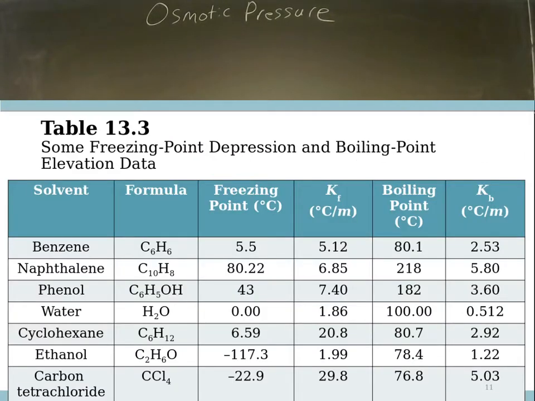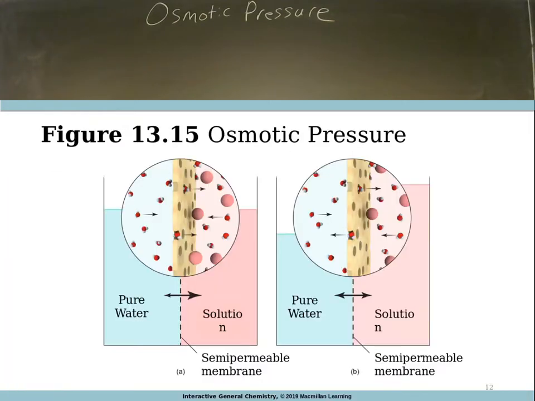Table 13.3 just gives you some values for freezing point depression constant and boiling point elevation constant for a number of different substances that may be useful to you in solving problems. Okay, so here's osmotic pressure.